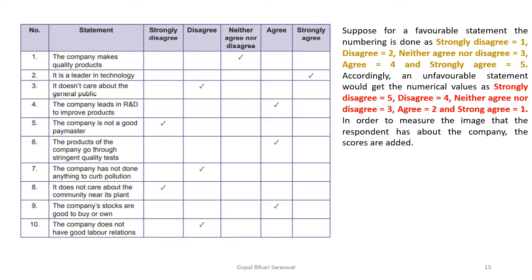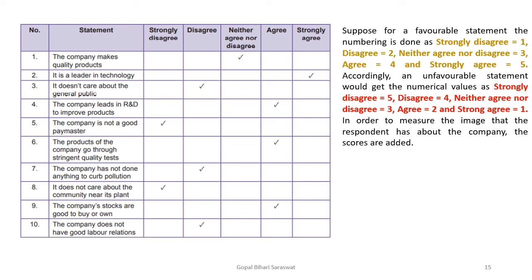This means either I will put a tick mark or, as I code my responses, I can make it a numeric value of 3. If a respondent answers strongly agree, it means number 5. If a respondent gives an answer of strongly disagree, this means number 1. If the respondent answers disagree, this means number 2.